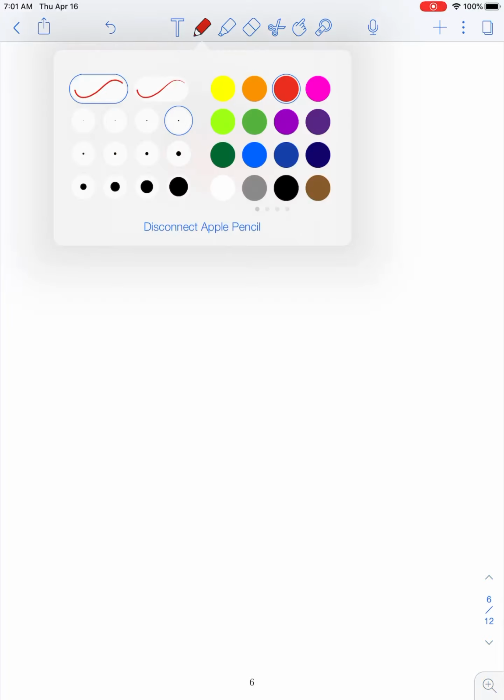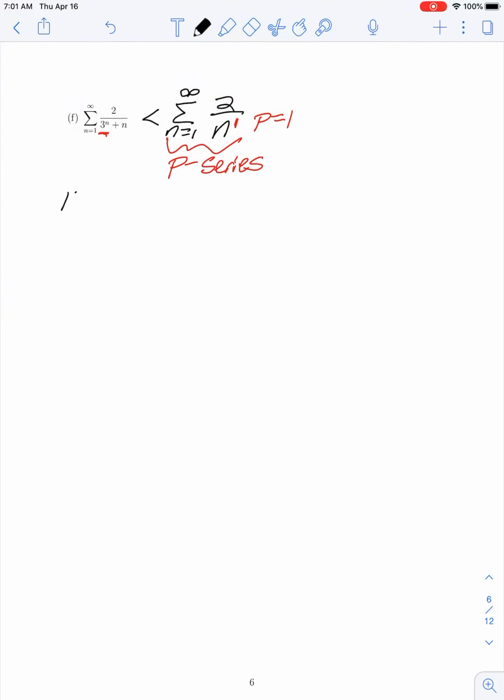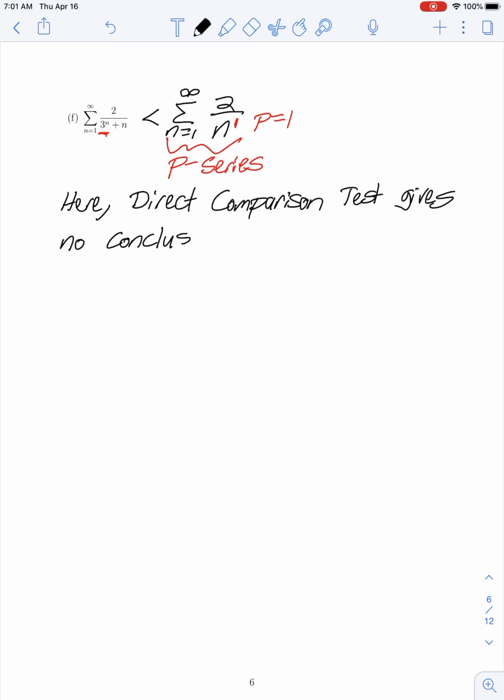So here, based off the comparison that I started with, the direct comparison test gives no conclusion. But maybe I could compare my series not with a p-series, but with a different type of series which we could determine convergence for.